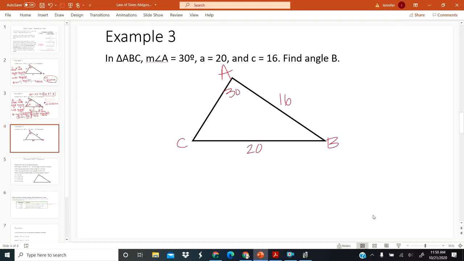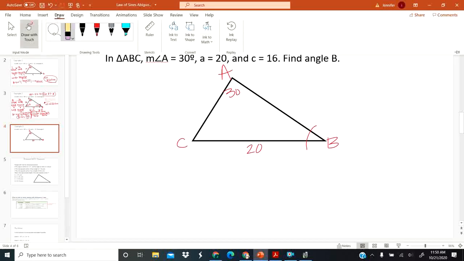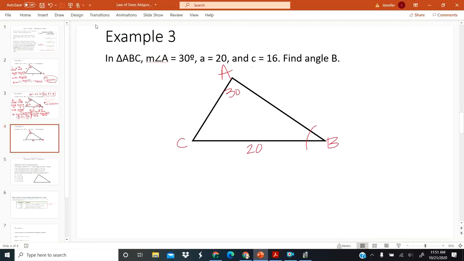And it wants us to find angle B. And looking at that, I think that is actually a typo because there should be side little b instead of C. So the 16 should have been for side little b. So let's change that to B and put our 16 over here. And then we'll go from there.